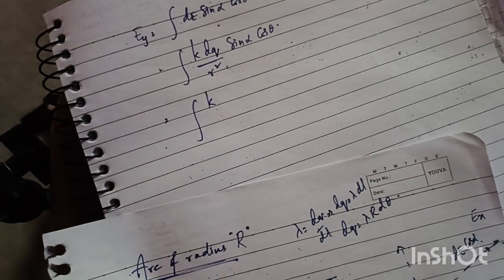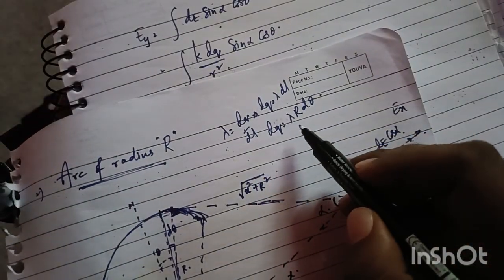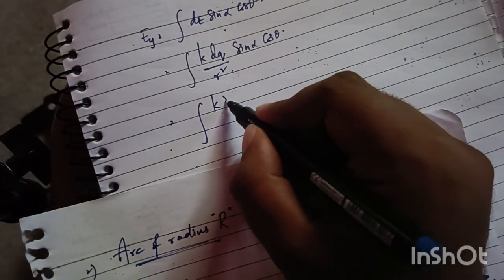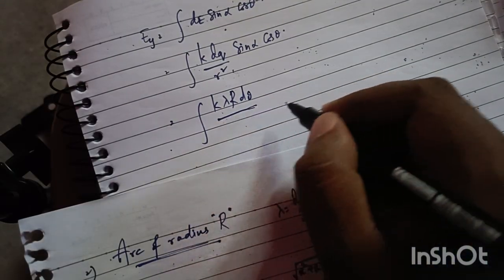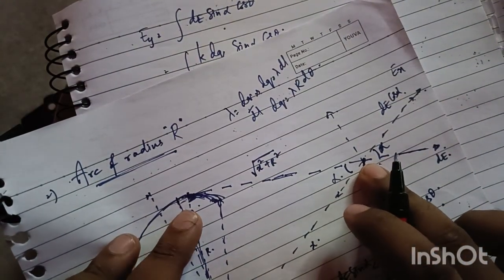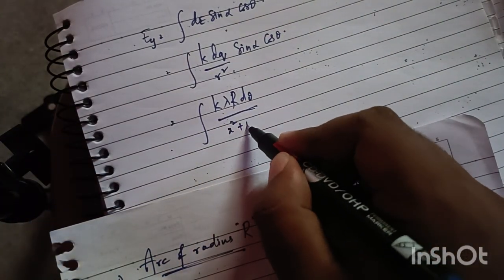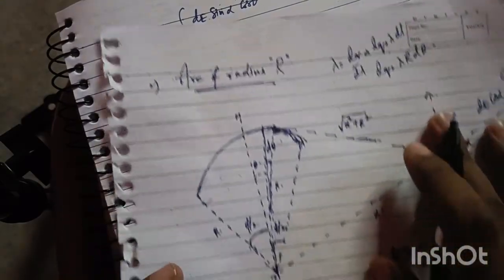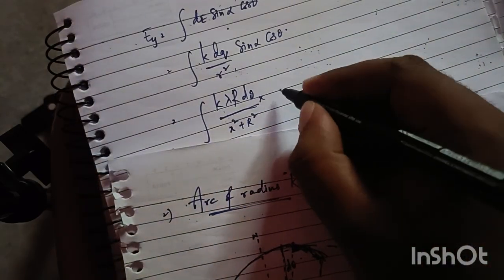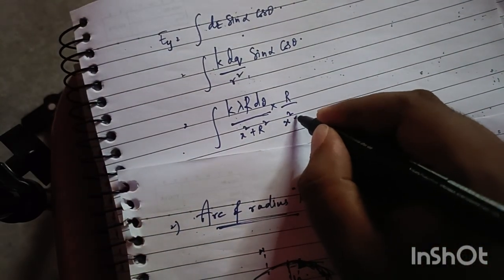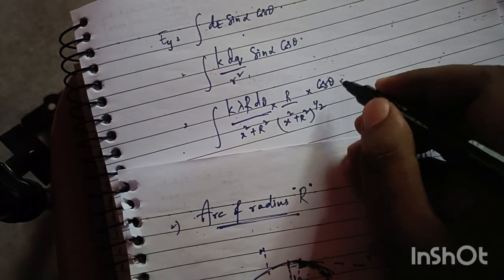Here dq is the small charge, which we already saw is λ r dθ. So λ r dθ by r², the actual distance between the considered element and the considered point, squared, that would be x² + r², times sin α. Sin α from this triangle is opposite by hypotenuse, that is r by (x² + r²)^(1/2), into cos θ.